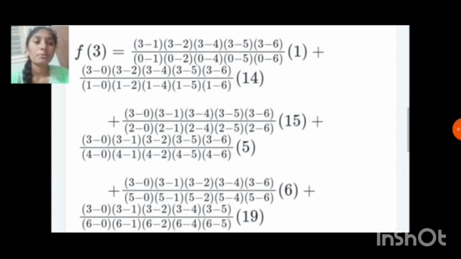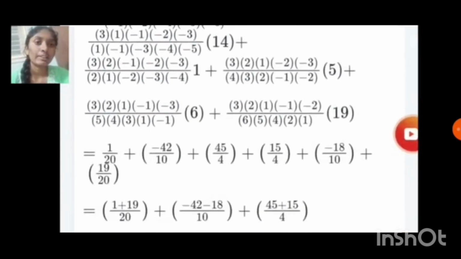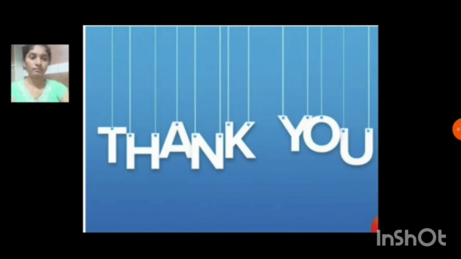Now we have substituted the values in Lagrange's interpolation formula, and at last we get f of 3 is equal to 10. Thank you.